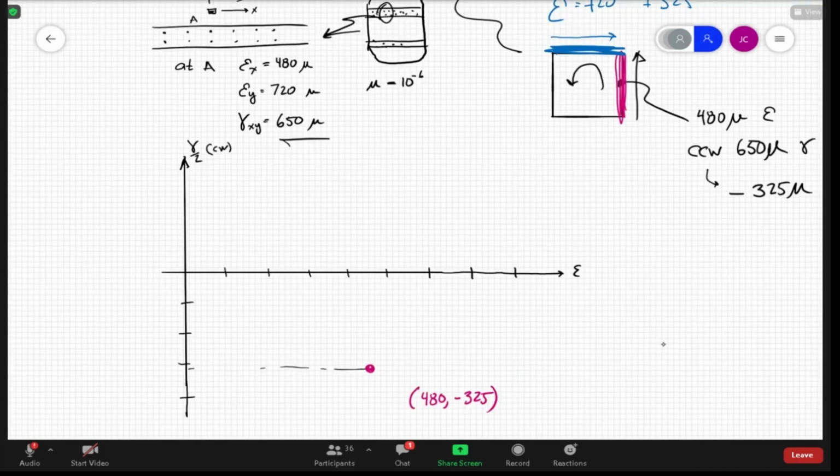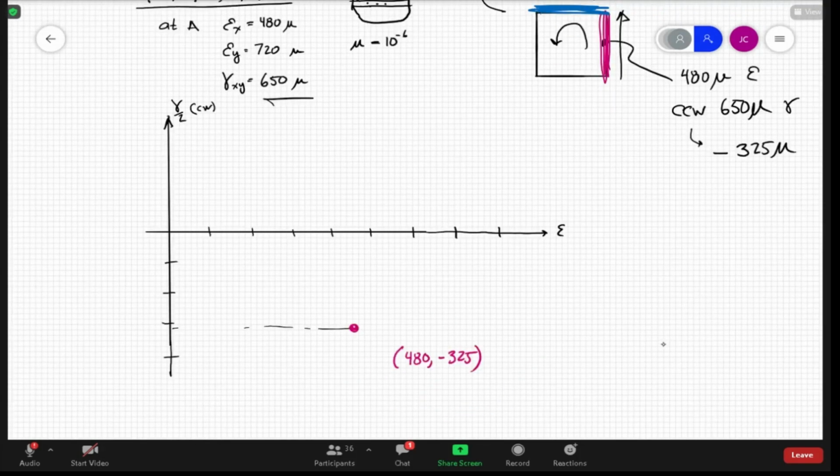So 720 is about here, and now we're going to go positive about the same amount. So that's the second point on Mohr's circle, at 720, positive 325. And now, if we were to draw this up, right?